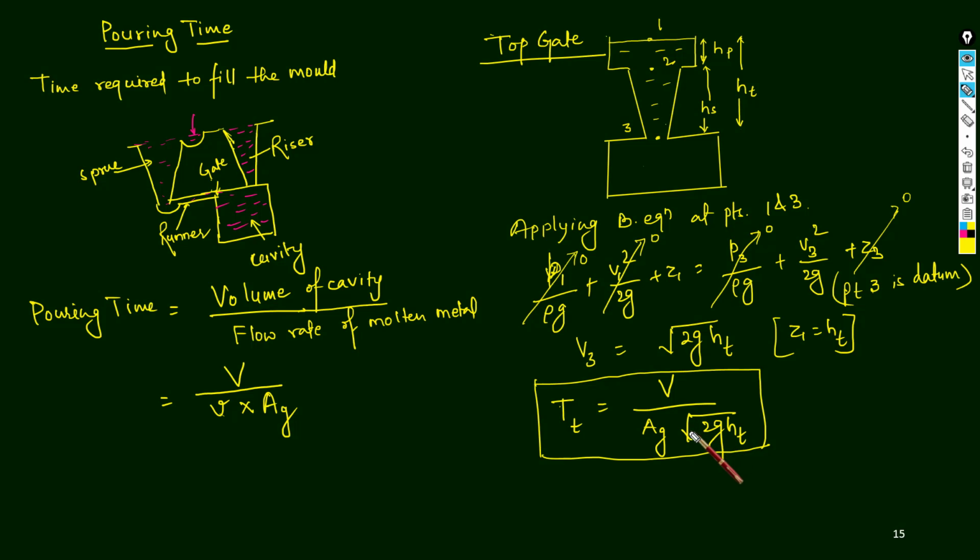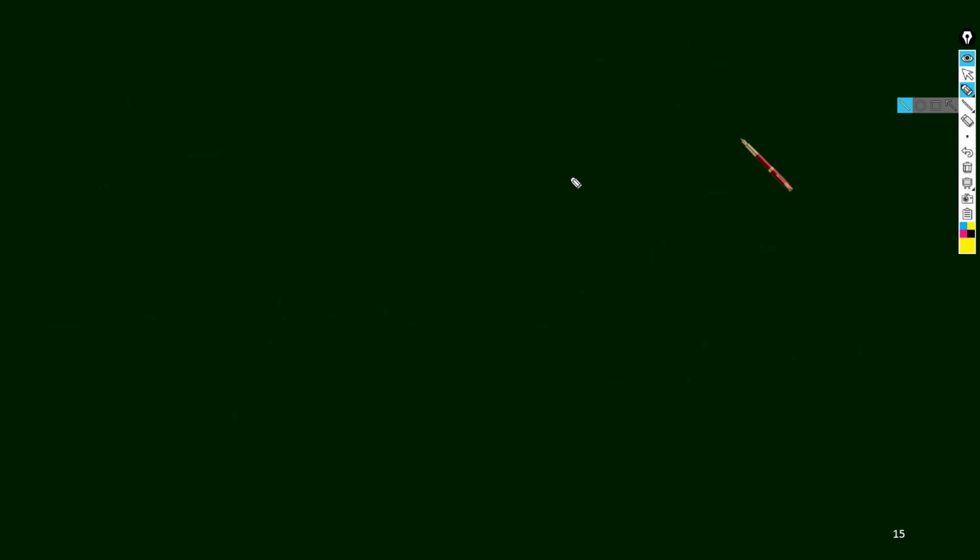So let us calculate the pouring time in case of bottom gate system. I'll delete it, so let me just take the snapshot of it. So I'm removing. Okay, next we are talking about bottom gate.